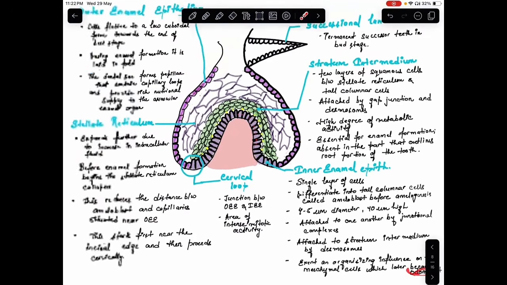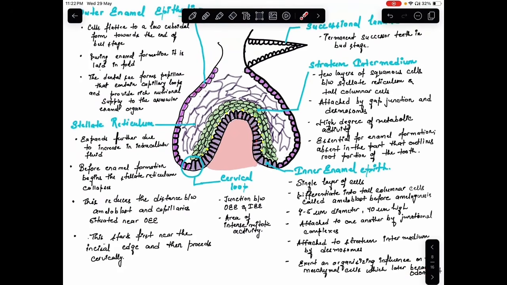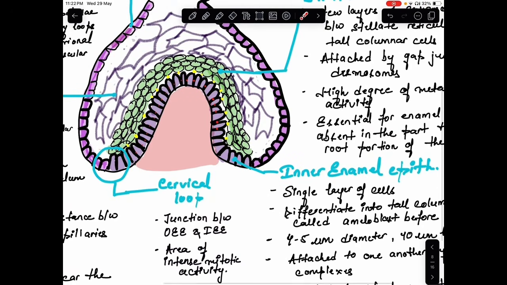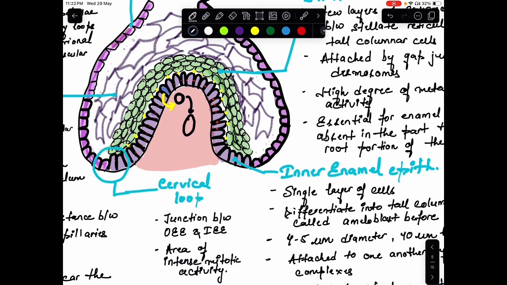I'll explain this. These inner enamel epithelium cells will form ameloblasts, and let's just say that this has formed. Now this is an ameloblast. What will this ameloblast do? It will lay an organizing influence over this dental papilla. And what will the organizing influence do? It will cause the cells of the dental papilla to differentiate into an odontoblast.